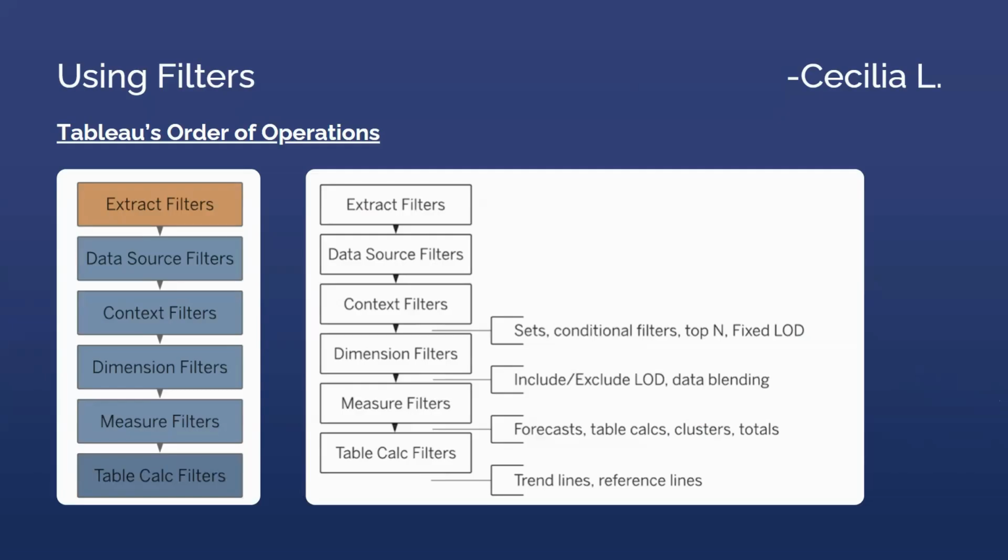So that fixed LOD is going to happen before a dimension filter, and our country region is our dimension. But when we set it to context, that's going to run first, and then it'll run that fixed LOD. Whereas with include and exclude, because those two LODs take the level of detail of our view first, they do see those dimension filters and behave a little bit differently than our fixed LODs.